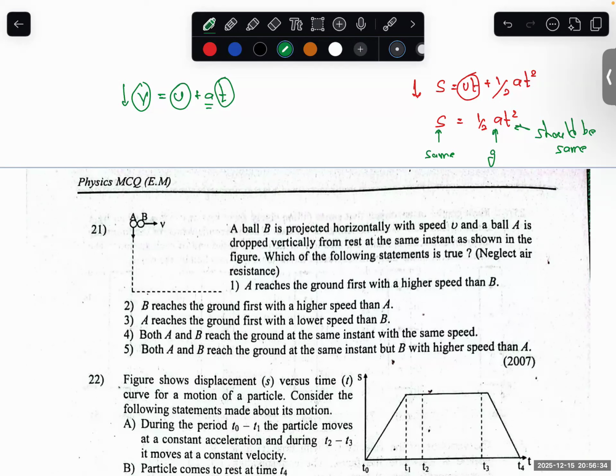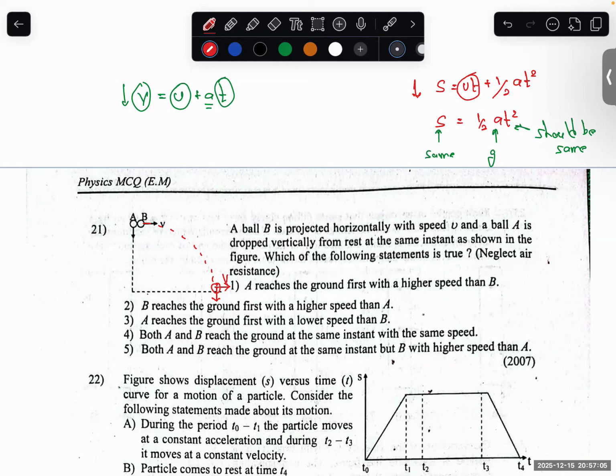But when B reaches the ground, it will have an additional horizontal velocity also, in addition to the vertical velocity. So the resultant will be greater when compared to A. You will use Pythagoras to find the final velocity.